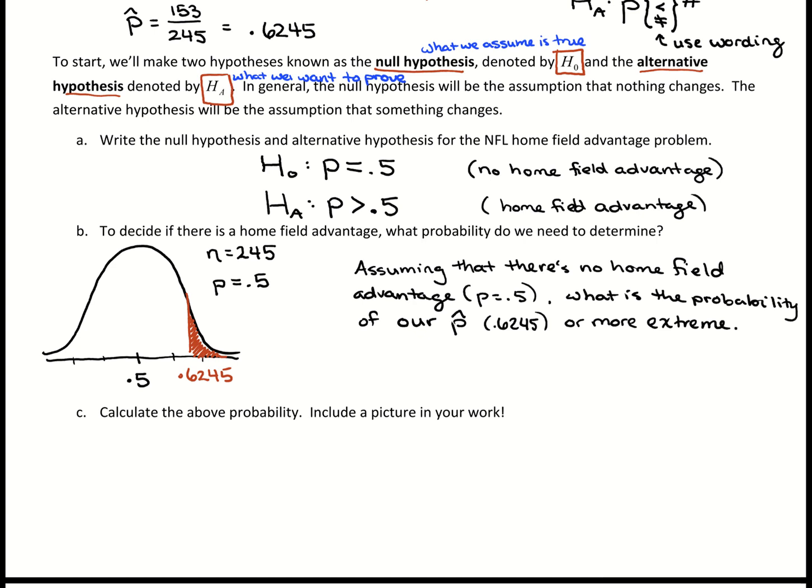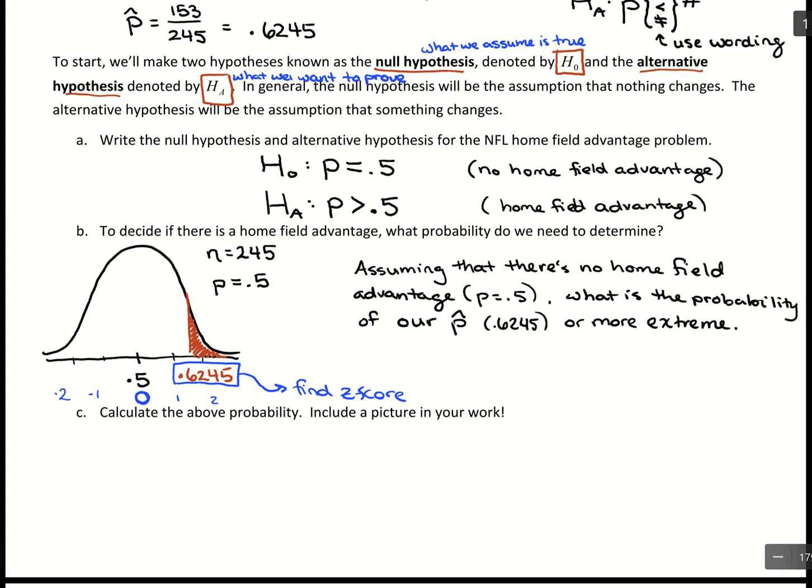Now, something that we're going to do in this case is change over to our standard normal curve, just to make things a little bit simpler. So we're going to adjust our number line here. In the middle will be 0, and then we'll have our usual standard deviations. But then we're going to find a z-score for this 0.6245, so that we can always find these values on our standard normal curve.